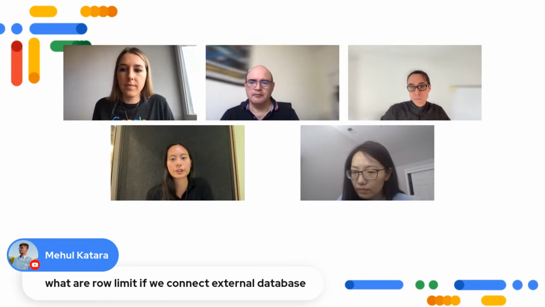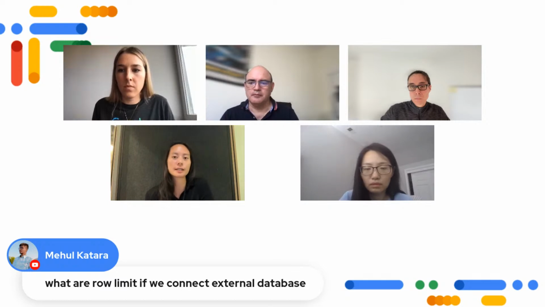You'd have to refer to that actual source for their limits. So for example, with Google Sheets, you would have to refer to Google Sheet limits for how much data can be stored there, and AppSheet doesn't enforce a limit on the number of rows or cells that you can store in the sheet.